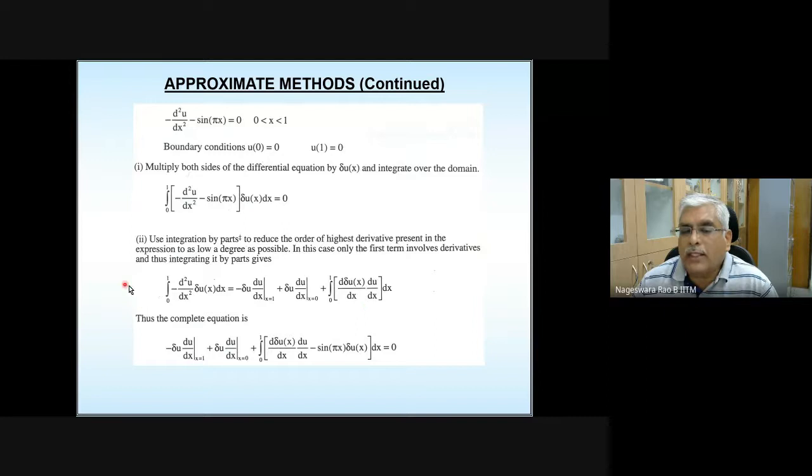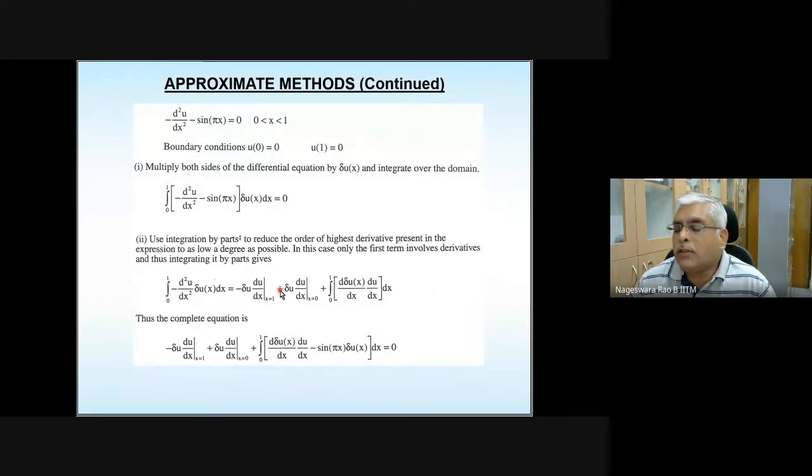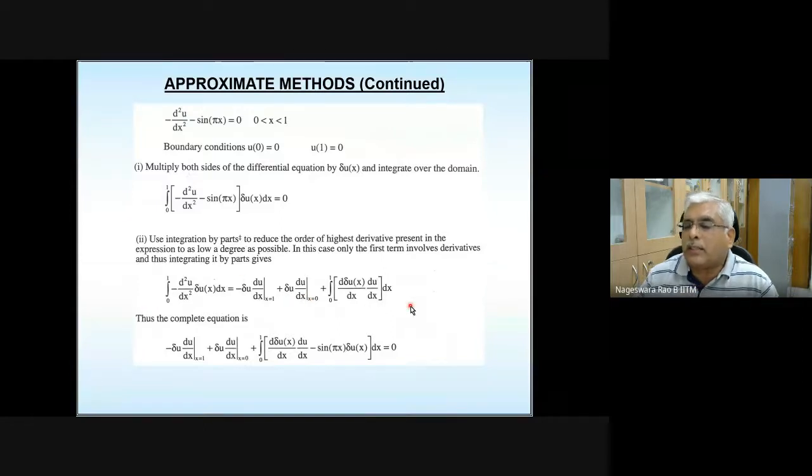You have a minus sign here, so it should be the upper limit minus the lower limit, but because of this negative sign, that gets interchanged. Negative is going to come for the upper limit, positive is going to be for the lower limit. Any questions on integration by parts?